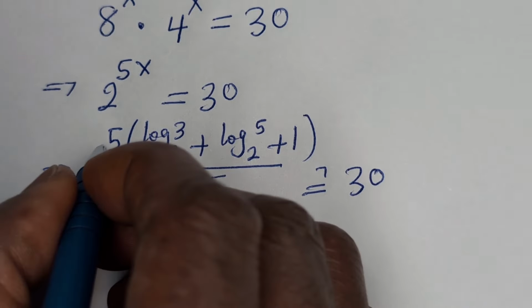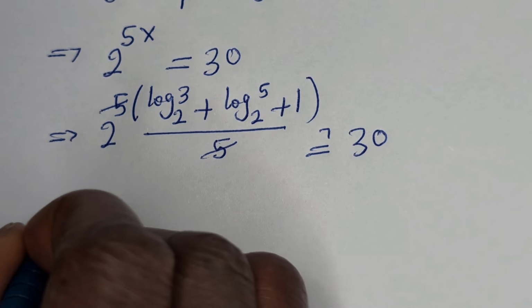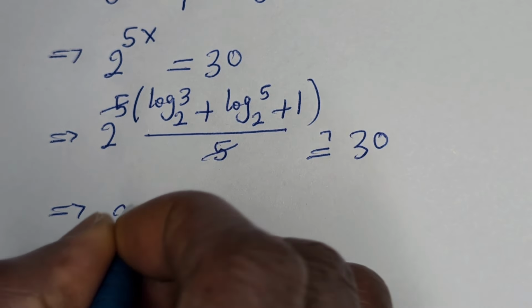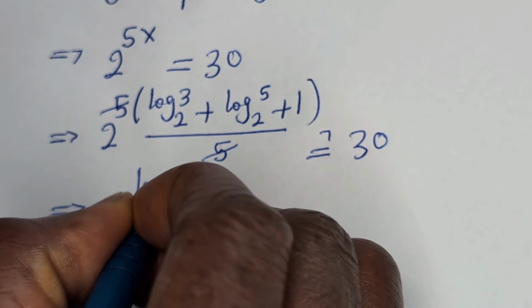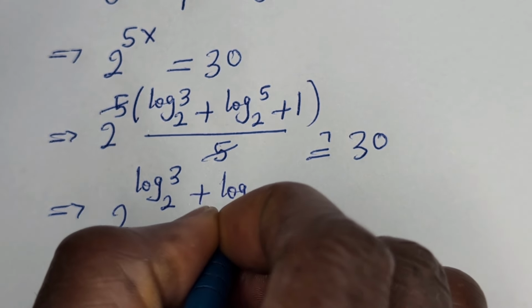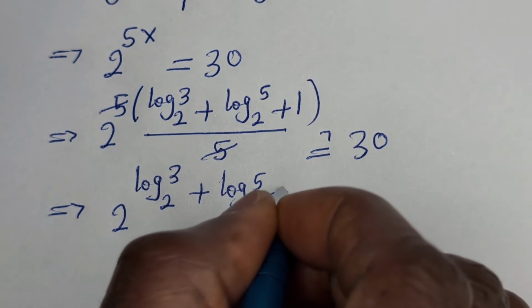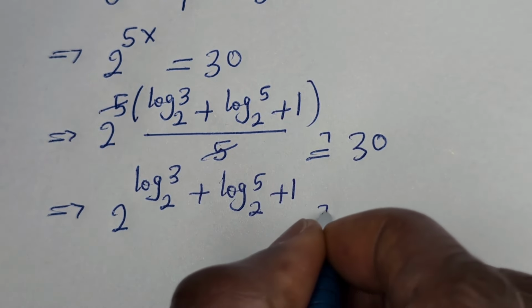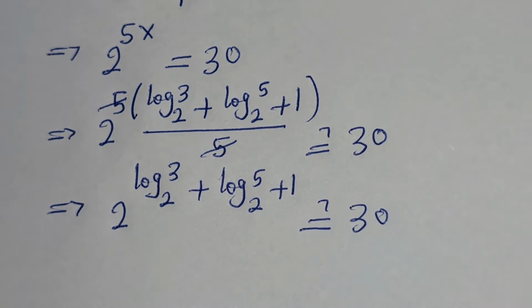Now here, this cancels this. Here is 2 raised to power log 3 base 2 plus log 5 base 2 plus 1 must be equal to 30.